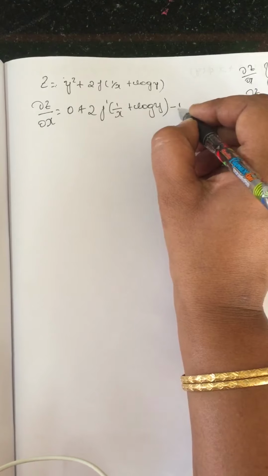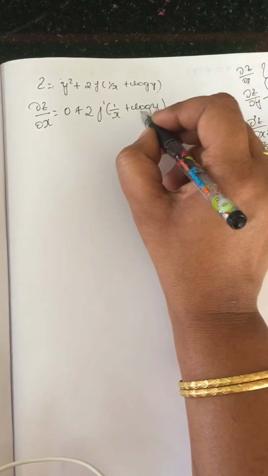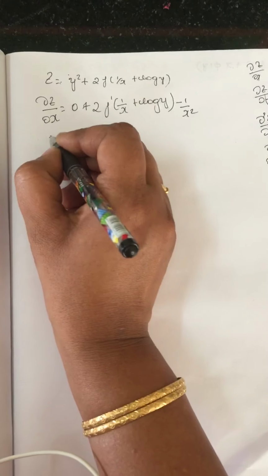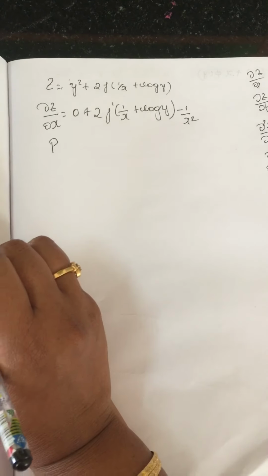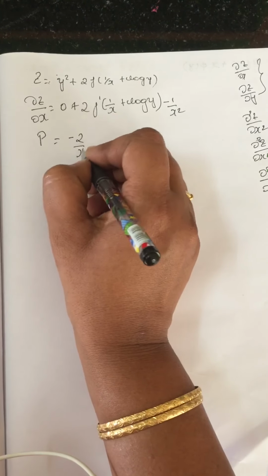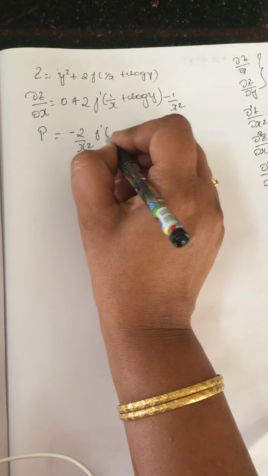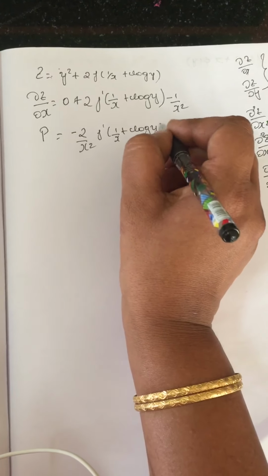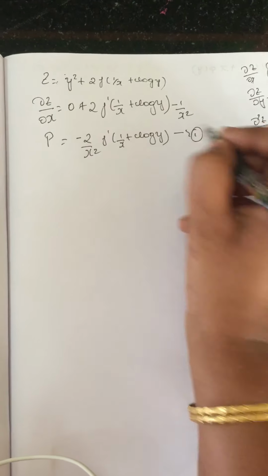The derivative of 1/x is −1/x², and the derivative of log y is 0. So ∂z/∂x can be written as p = −2/x² f'(1/x + log y). Call it equation number 1.